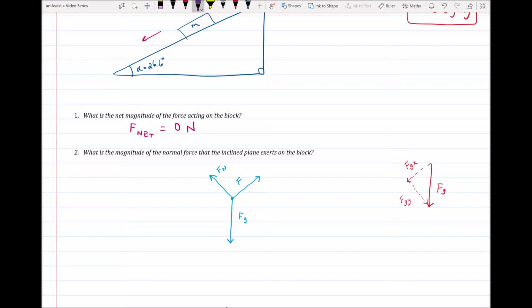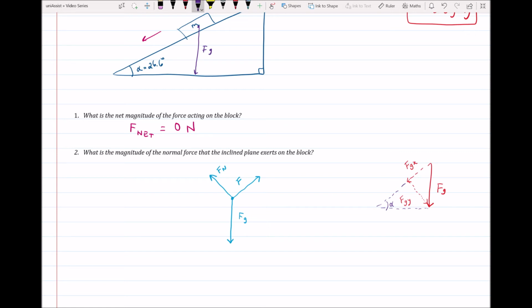If we go back to our block, my force Fg is in this direction, and we can see that our alpha is here with respect to this Fg. So I'll just draw that out on my diagram. This is my alpha. And now we can determine where the alpha sits with respect to g, because we need to resolve it into our components.